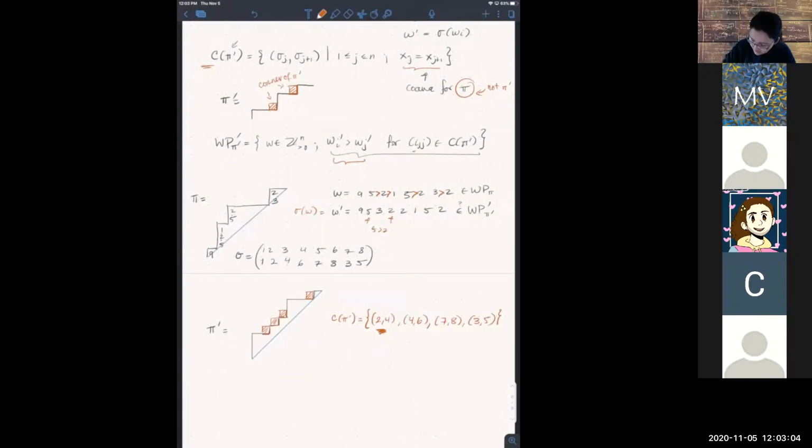We do the exact same thing with 4, 6. So 4, 6 is precisely encoding that 2 is bigger than 1. So that's this. 2 prime and 4 prime.